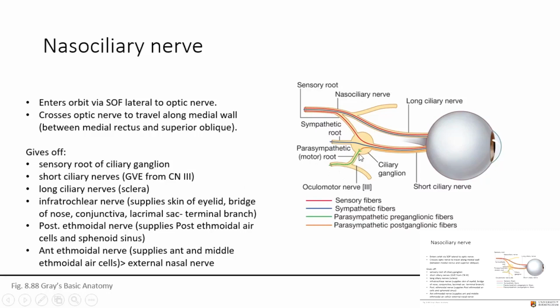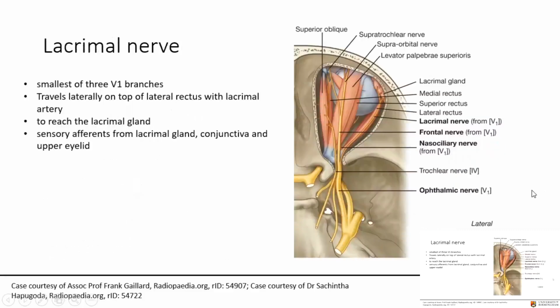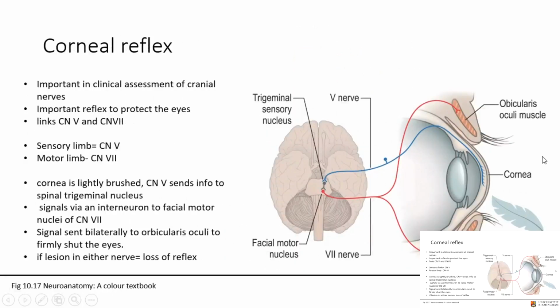This is the parasympathetic route, and will enter into the ciliary ganglion, where we have the cell bodies of the postganglionic neurons that will hitchhike the short ciliary nerves, and that is how we have parasympathetic fibers going there. So yeah, that is all about the branches of this ophthalmic nerve.